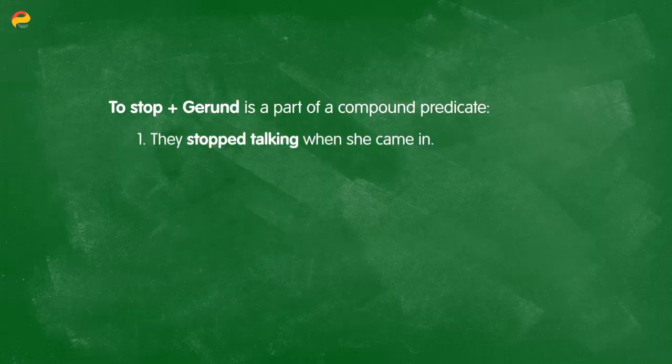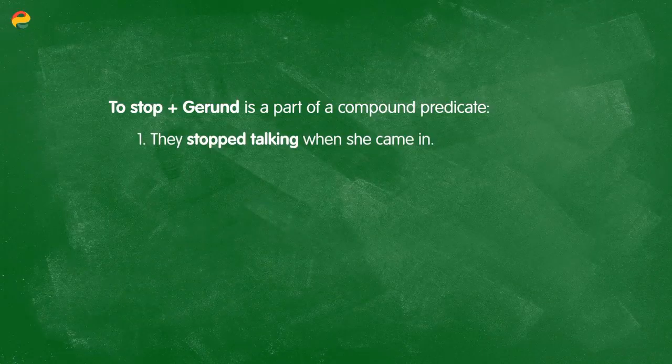Now, it isn't always just the meaning that changes between the gerund and the infinitive phrases. Sometimes the syntactical functions themselves change. Let's look at how this works with the verb to stop. If I use stop with the gerund, it forms part of a compound predicate, like in the sentence, they stopped talking when she came in.